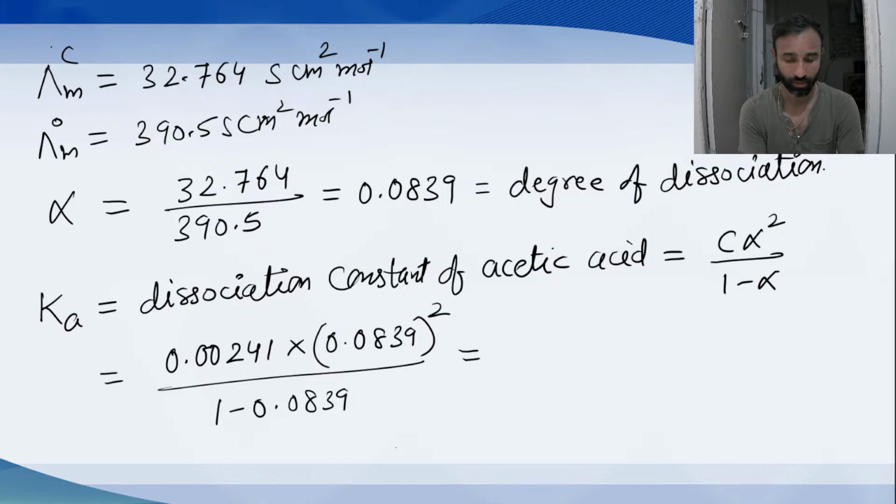So divided by 1 minus 0.0839. The numerator can be written as 1.696 into 10 raised to power minus 5.